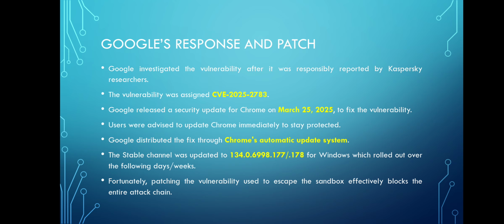The patch was distributed automatically through Chrome's update mechanism, and the stable version was updated to 134.0.6998.177 and 134.0.6998.178 for Windows. Since the attack depended on escaping Chrome's sandbox, fixing this vulnerability effectively blocked the entire attack chain. This highlights how important timely software updates are in protecting users against zero-day attacks.